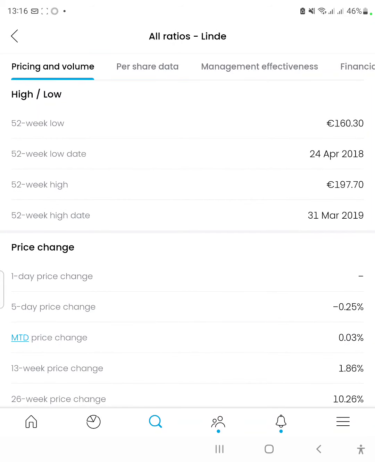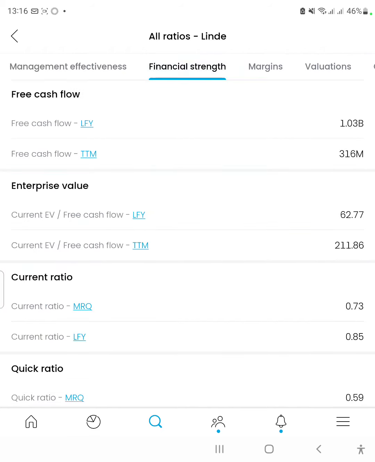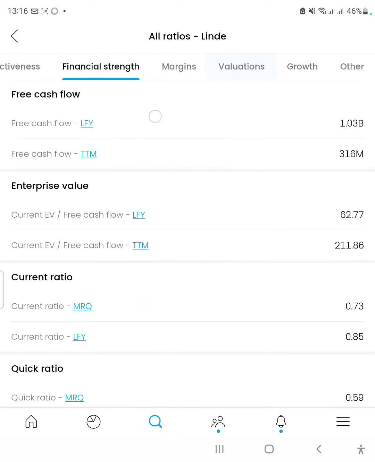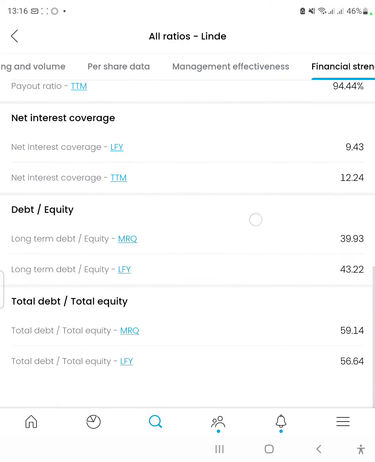If we can get through the German material stocks quite fast, then we can move on to, I believe, the next sector that we're going to be analyzing, which is industrial. So let's just check the financials to see. All right, so it doesn't have particular financial statements uploaded, so we're going to just look at the ratios here.